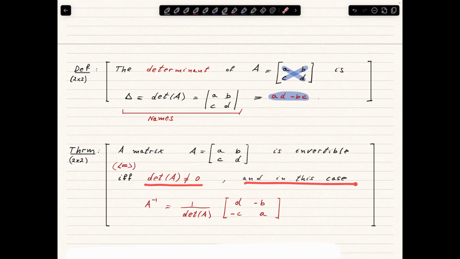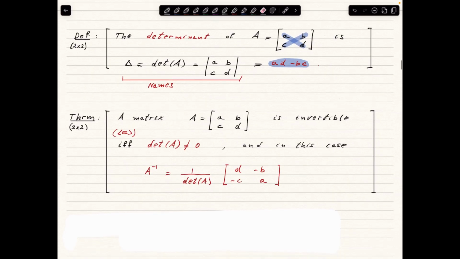In that case the formula for the inverse matrix is: switch these two elements in the diagonal, change the sign on the other two, and multiply everything by 1 over the determinant of the matrix. So that is the conclusion of the calculation we have done in the previous page.